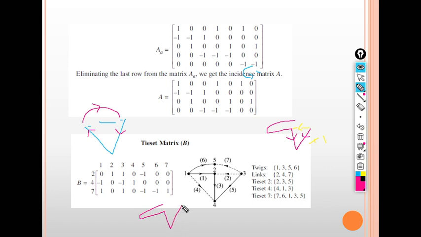This is the tree, eliminate all these things and now draw the second link, connect the second link, other links are open, other links are not present, right.